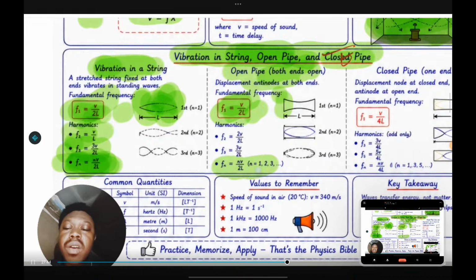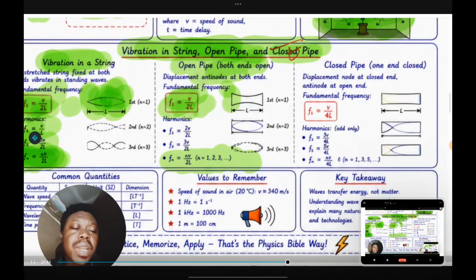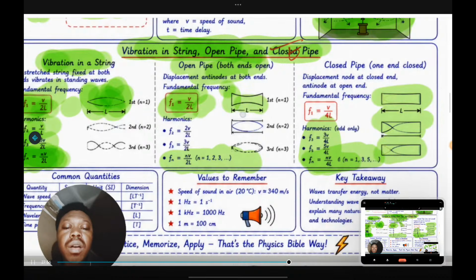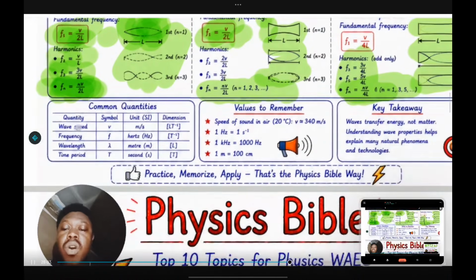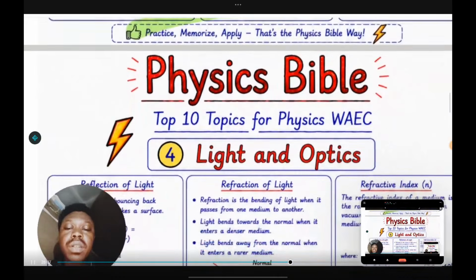This is your general formula where your n equals 1, 2, 3, 4, 5, and the rest. Please take note of all this general formula. If you know this general formula, you'll be able to generate whichever formula comes out in your exams, and you solve a problem and you move. So please take note of all this. So we are done with number 3.